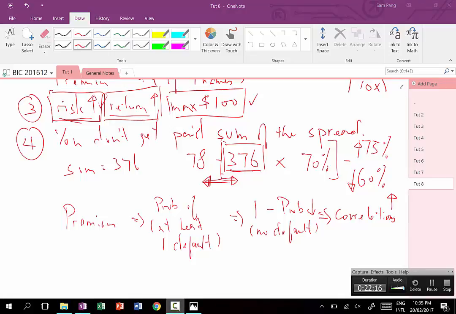No, I beg your pardon, I got that the wrong way around. If correlation goes up, the probability that nothing will go wrong will actually go up, and I'll explain why that is the case.